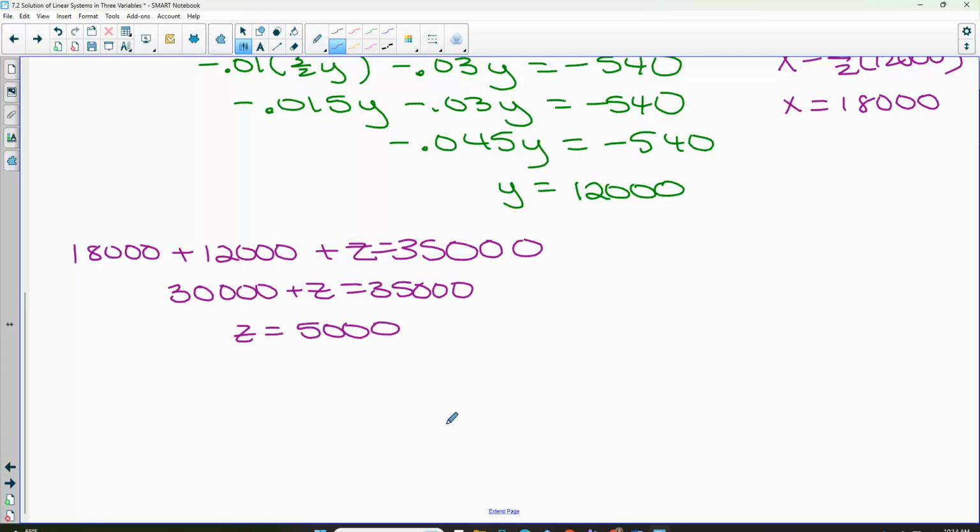And then how do I have to answer this? Yep, it's a word problem, so we have to write a sentence.